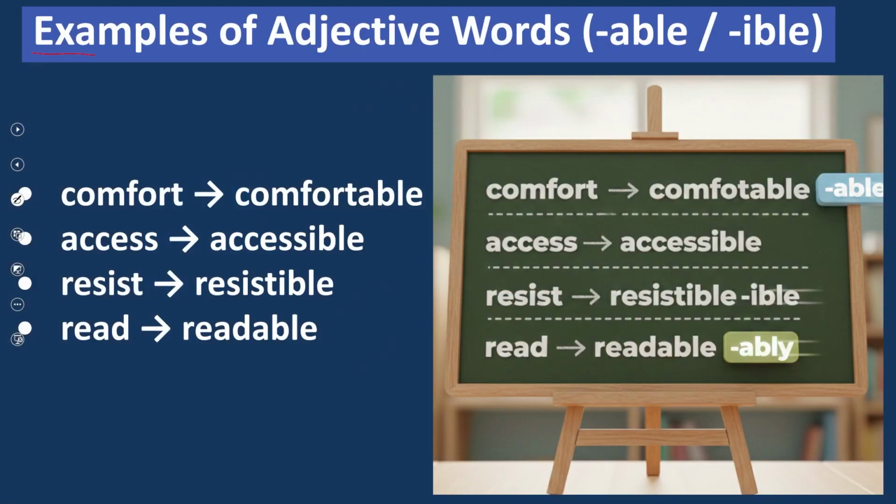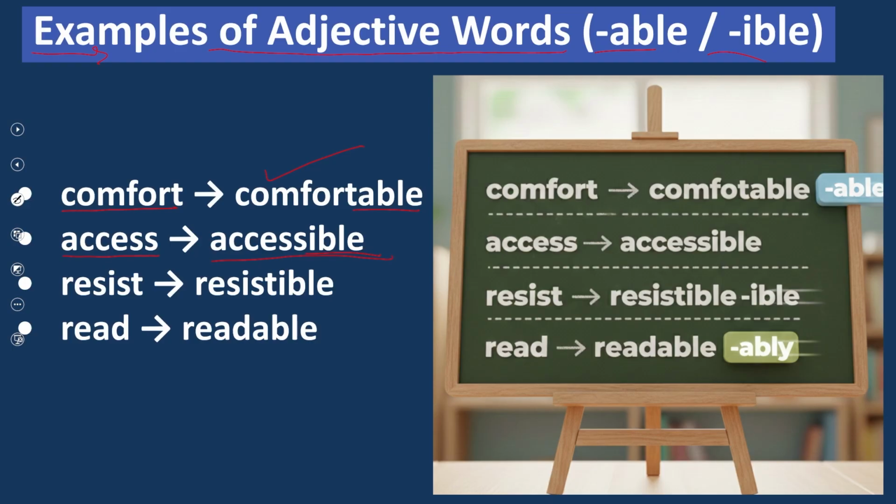Examples of adjective words, able or ible. By putting suffixes like able and ible, we can make the words adjectives. Here is the word comfort, and if we put the suffix able at the end of the root comfort, it becomes comfortable and it is converted into an adjective. Access and ible, accessible.